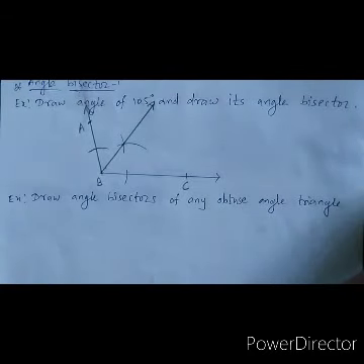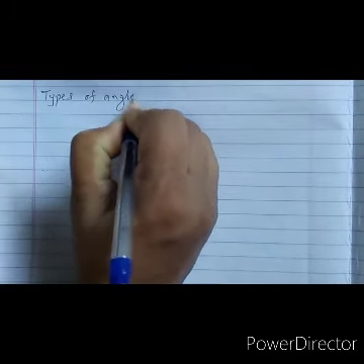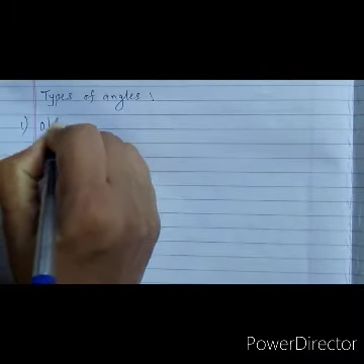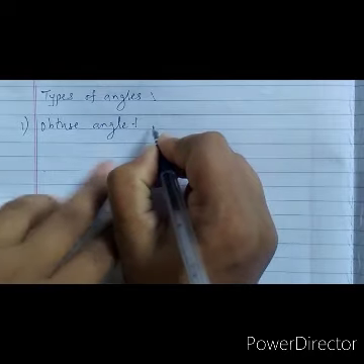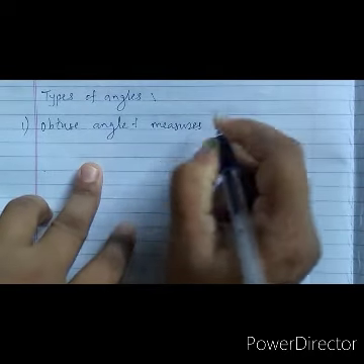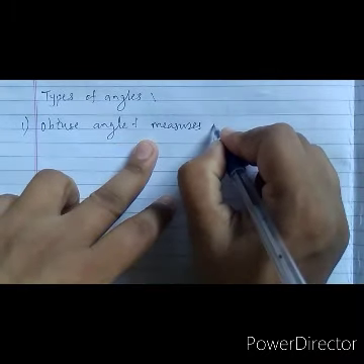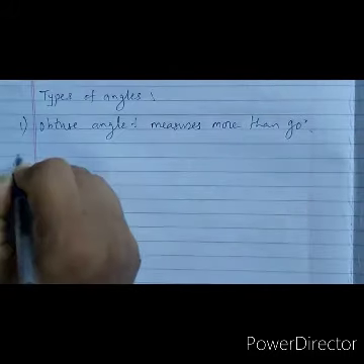So we know the types of angles, there are 3 types of angle. Number 1, obtuse angle, which measures more than 90 degree.